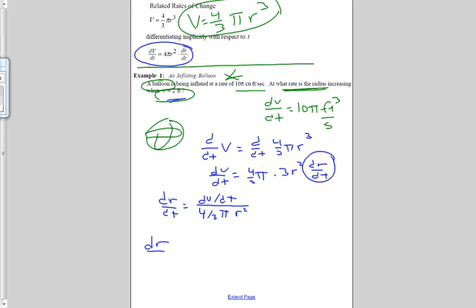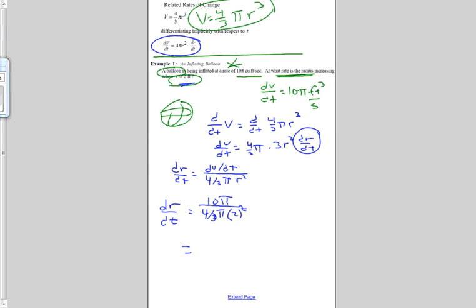The rate of change of our radius with respect to time is dV/dt, which was given, 10 pi, over 4 pi times the radius squared, and we want dr/dt when our radius is 2, so 2 squared. The pi's cancel off, and we get 10 over 4 times 4, which simplifies to 10 over 16, which equals 5/8.